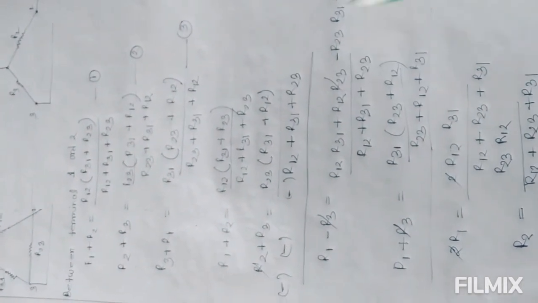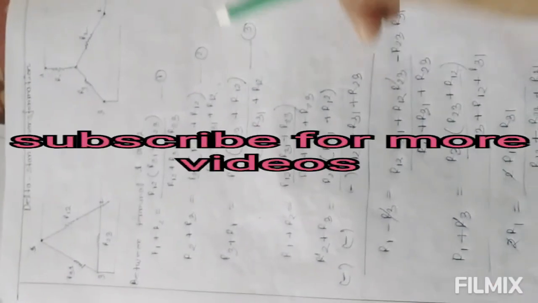This is delta to star transformation. We measure this R1, R2 and R3 by delta to star transformation. So this is the method.